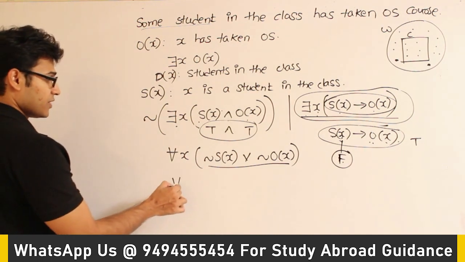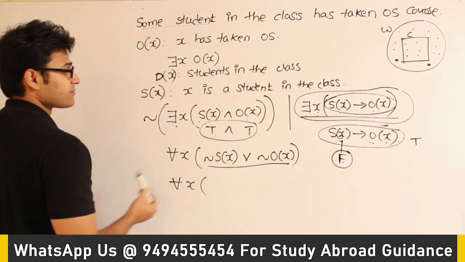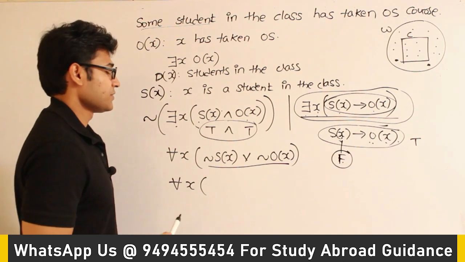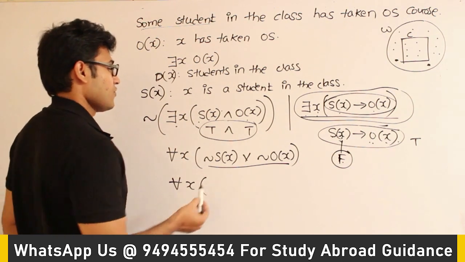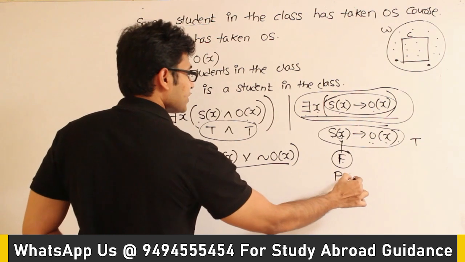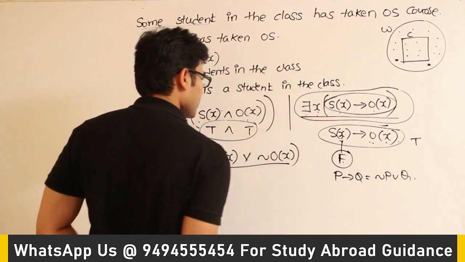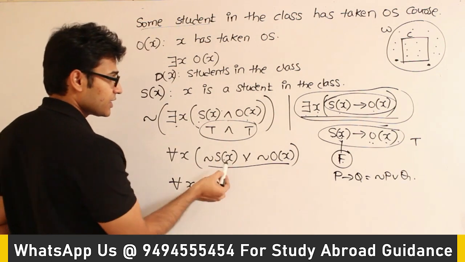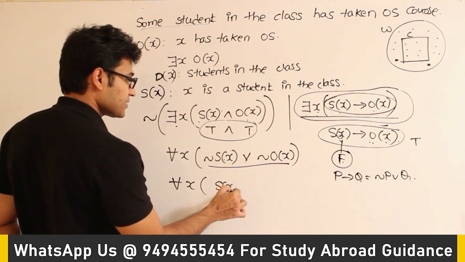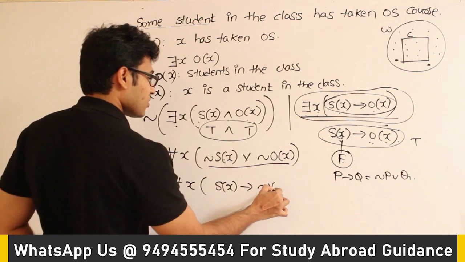Now if you try to convert it, what do you get? For all x, try to convert it into implication. So you know that P implies Q can be written as negation P or Q. Now how can you write this one? This one can be written as S of x implies negation of O of x.